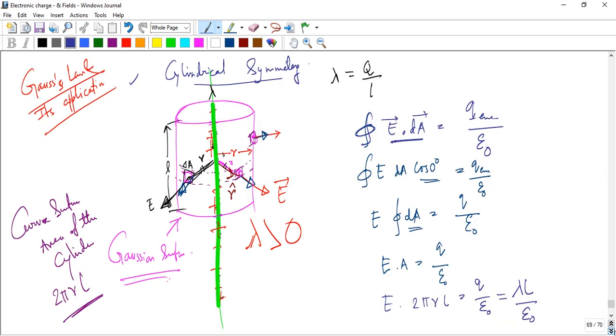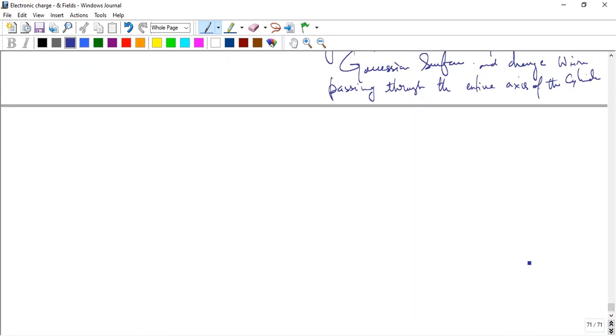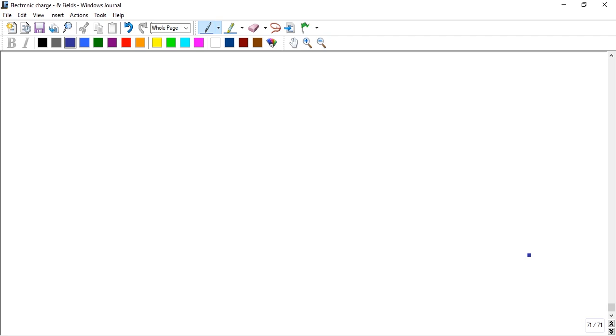Next application is planar symmetry. So what is planar symmetry? The name planar means plane or surface.